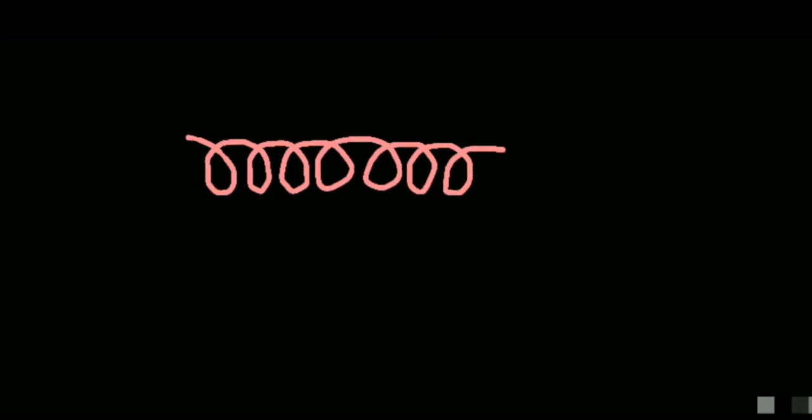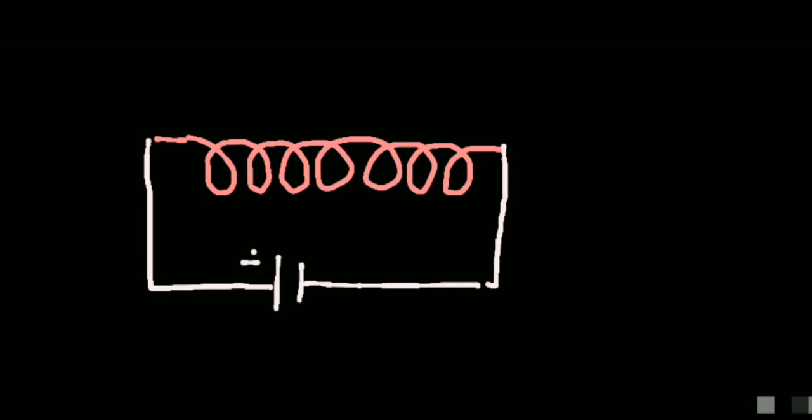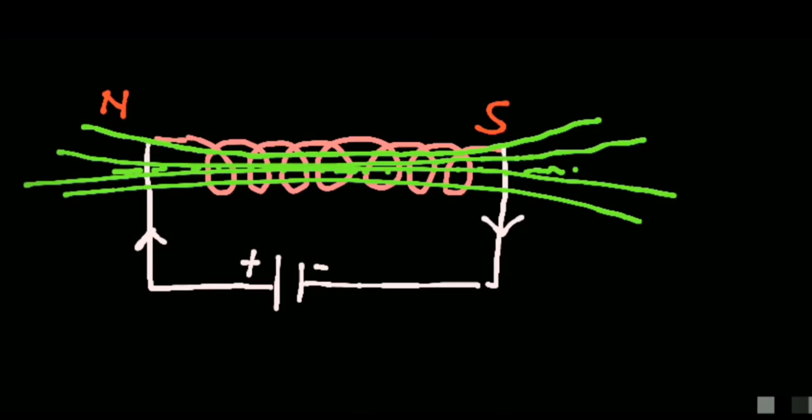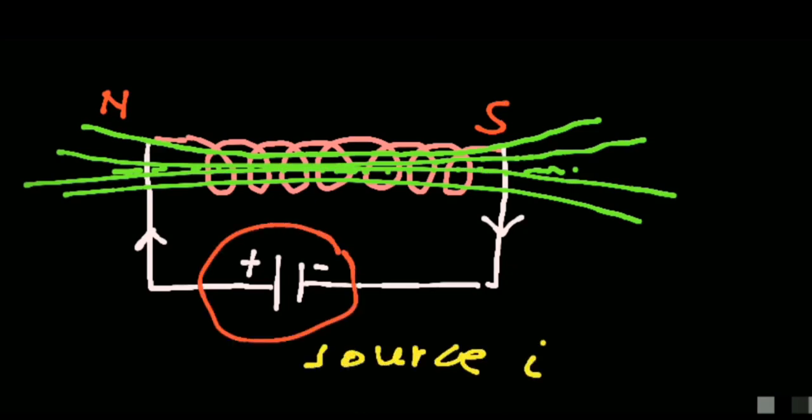Not only that, if we have a circuit of a solenoid like this one with a source of electricity and allow a current to pass, it's obvious that inside the solenoid there will be magnetism created, such that north and south poles will be there due to the source of current.